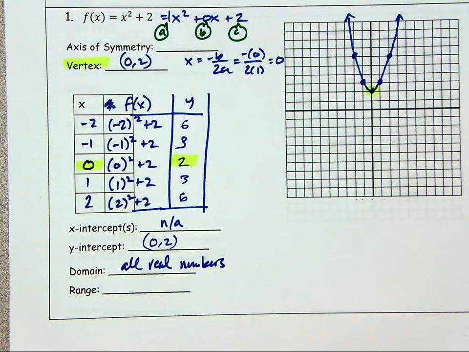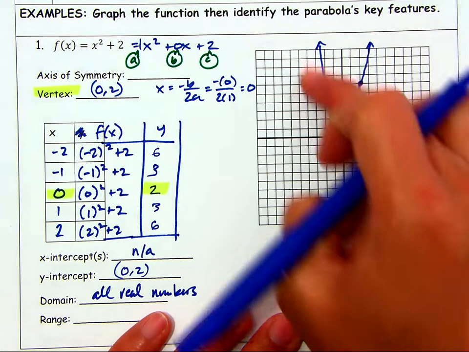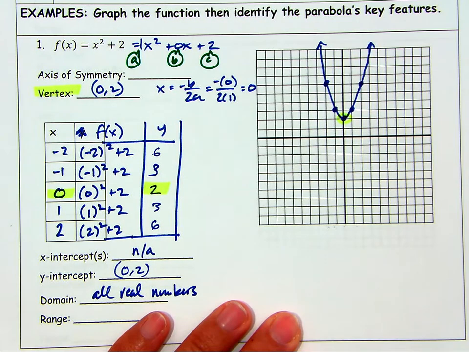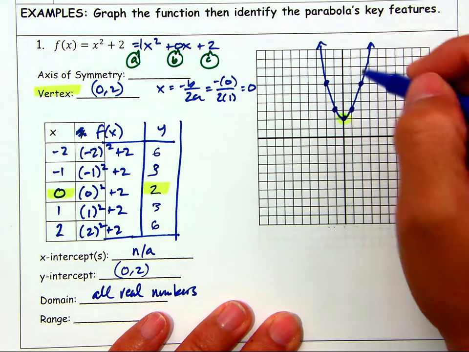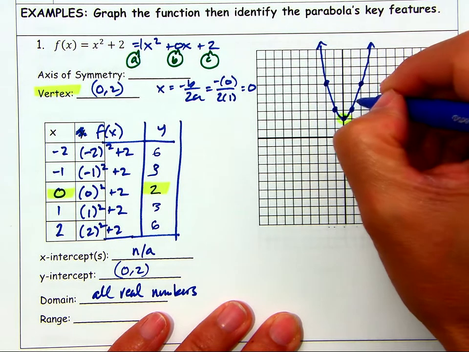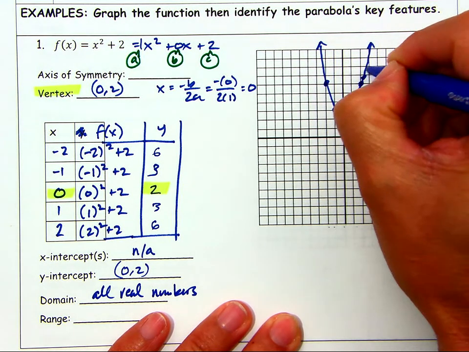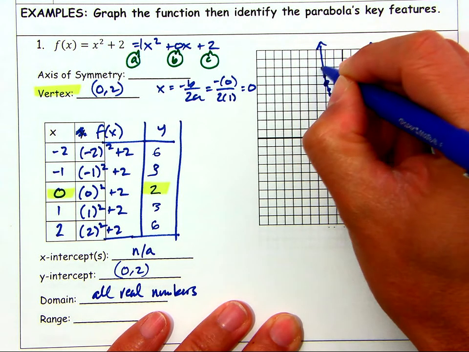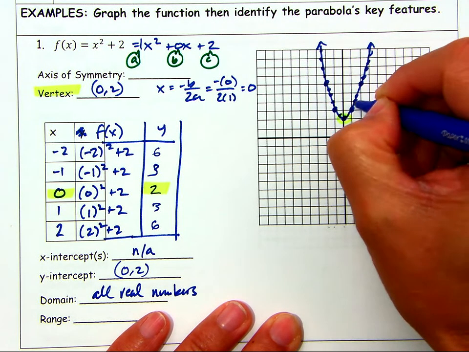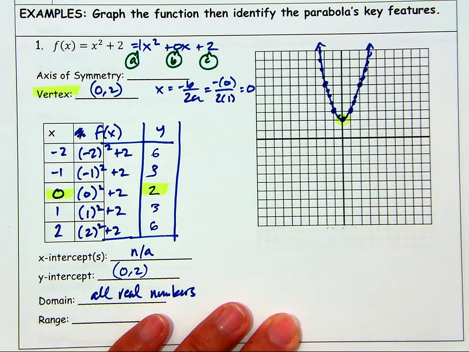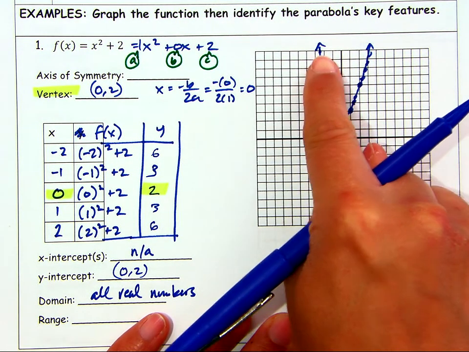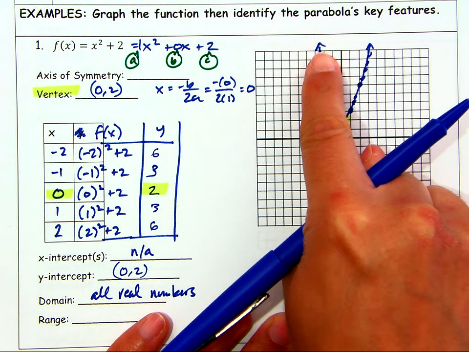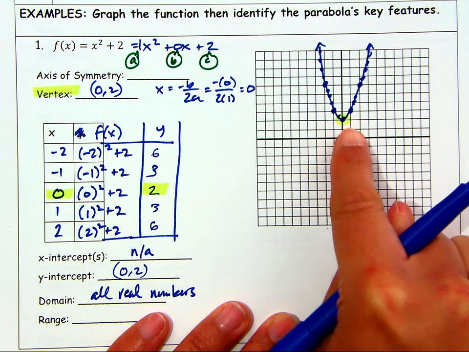Okay. Well, the graph gives us an idea of the possible outputs. This graph represents an infinite number of points, right? So there's points everywhere along this curve, and each point has its own y-coordinate. So it looks like we have some really big y-coordinates, and it looks like the smallest y-coordinate we ever get is for our vertex.